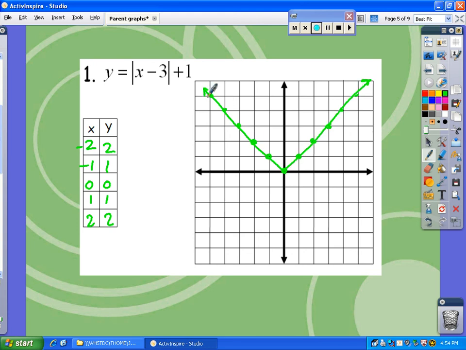Alright, now look at the transformation. This graph's still going to move right 3, up 1. So that's what I'm going to do with all my points. I'm going to move all my points right 3, up 1.